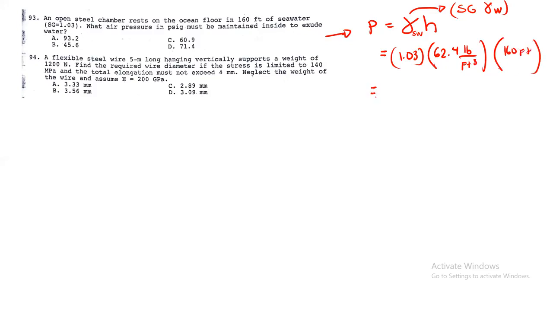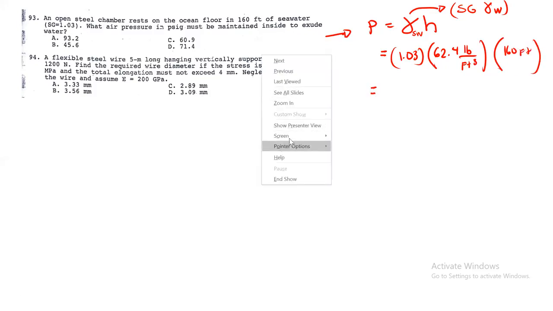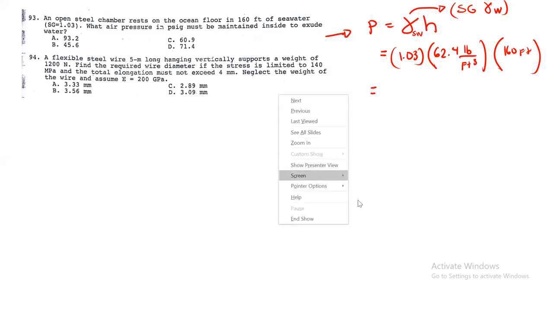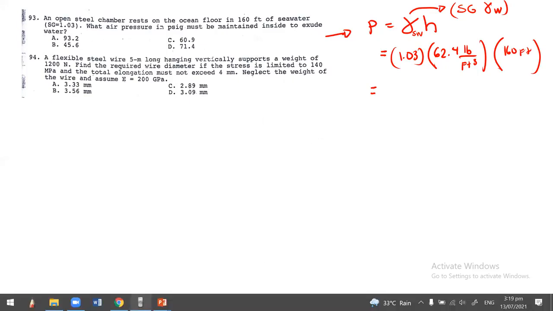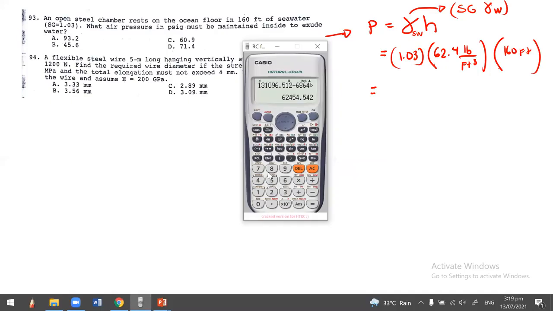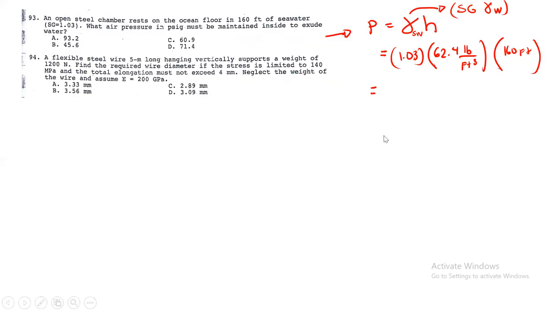So ilan to? So 1.03 times 62.4 times 160. 10,283.52 pounds per feet squared.